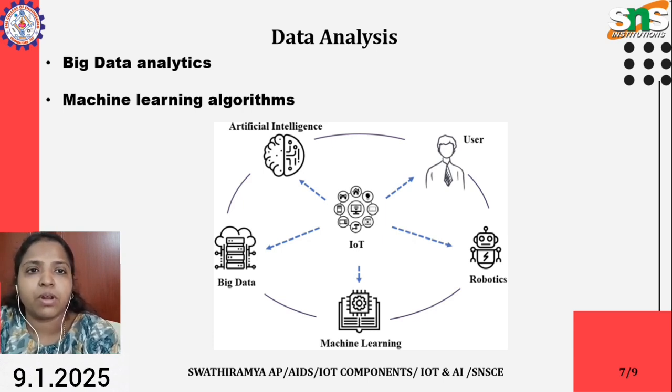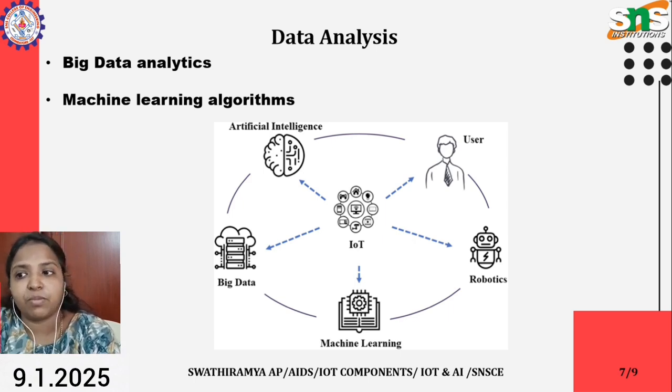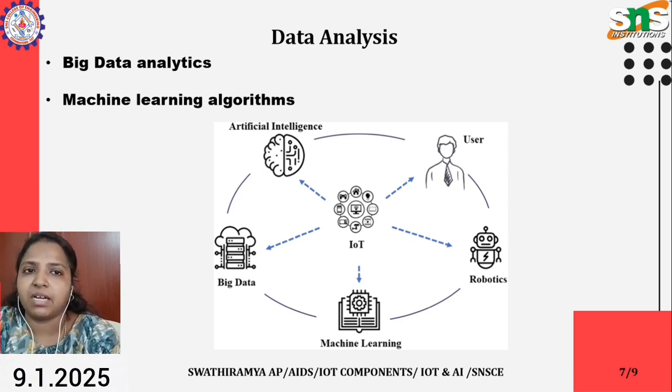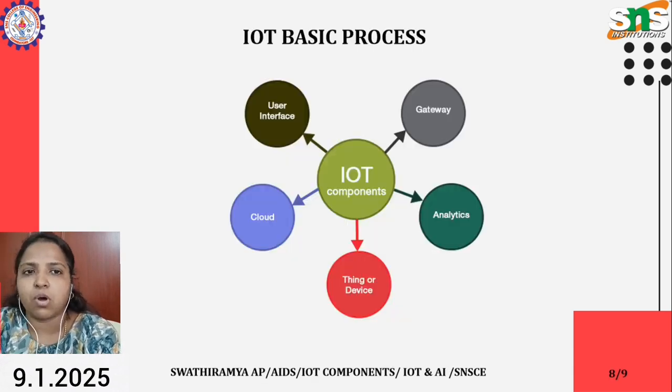It has to capture video 24/7, so we will have a large amount of data. IoT generates large volumes of data which are analyzed to derive output and to make decisions. So we use big data analytics here, and we can use machine learning or deep learning algorithms for prediction and decision making, to make things automated.